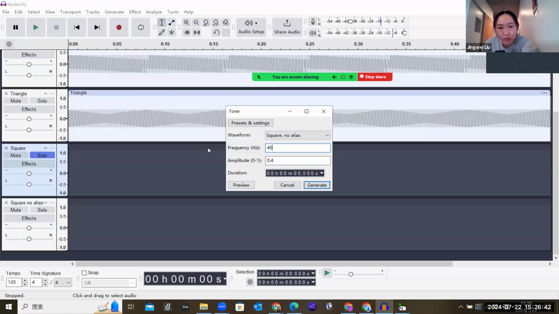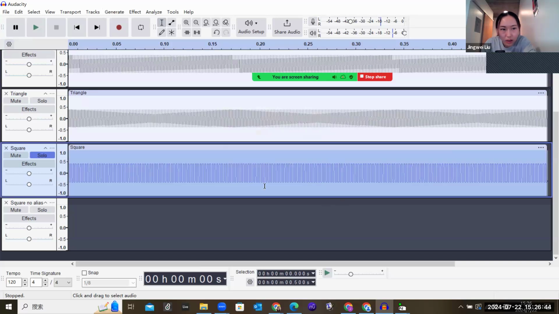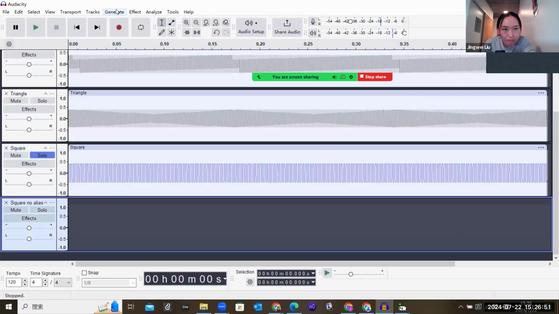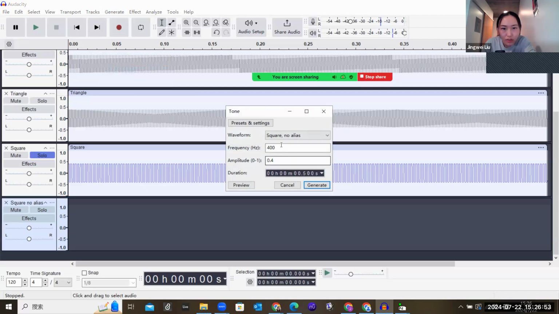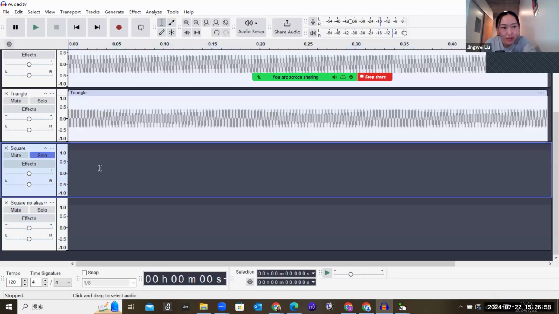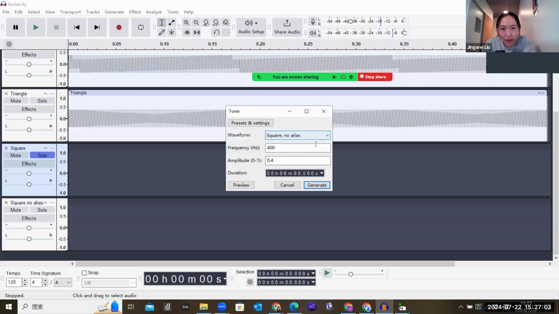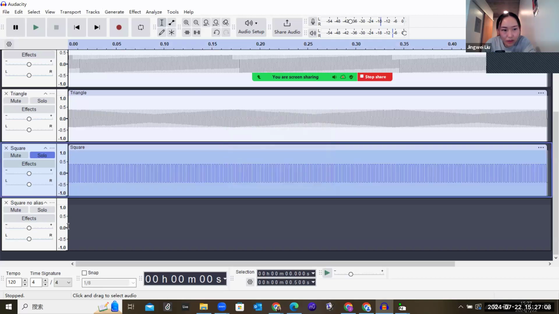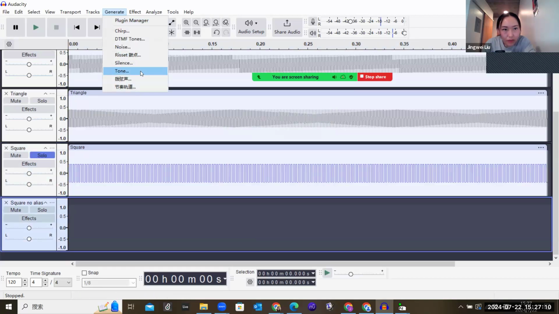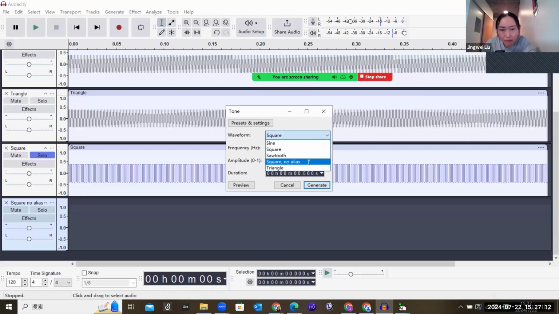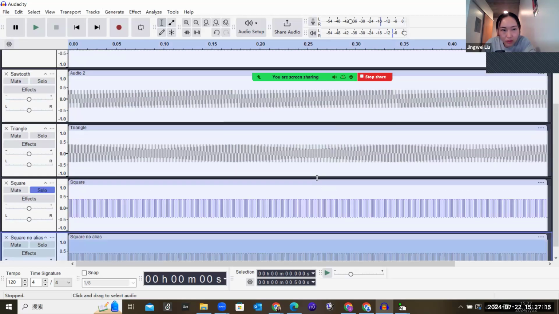Let me try 400. It's a lower amplitude. And actually, you can just experiment by yourself with different functions and different frequencies, and maybe you can find a better example than I do. Fair noise. Okay.